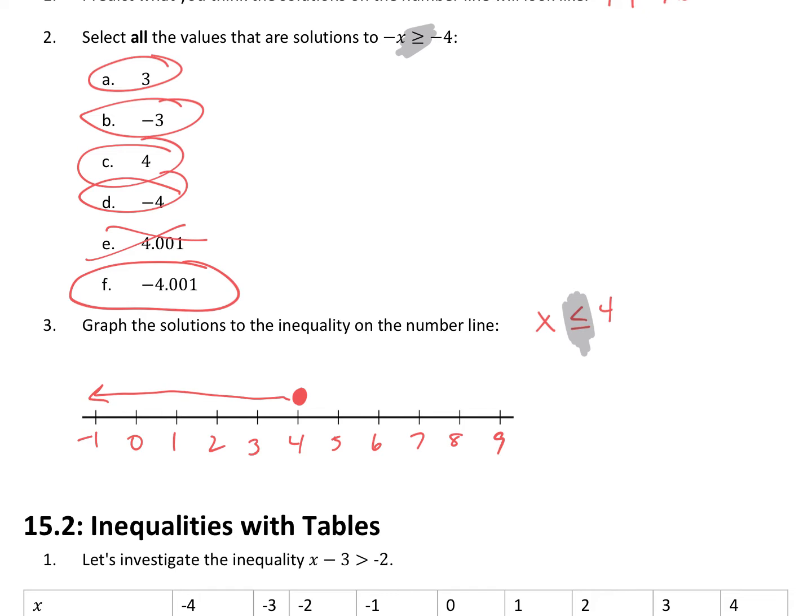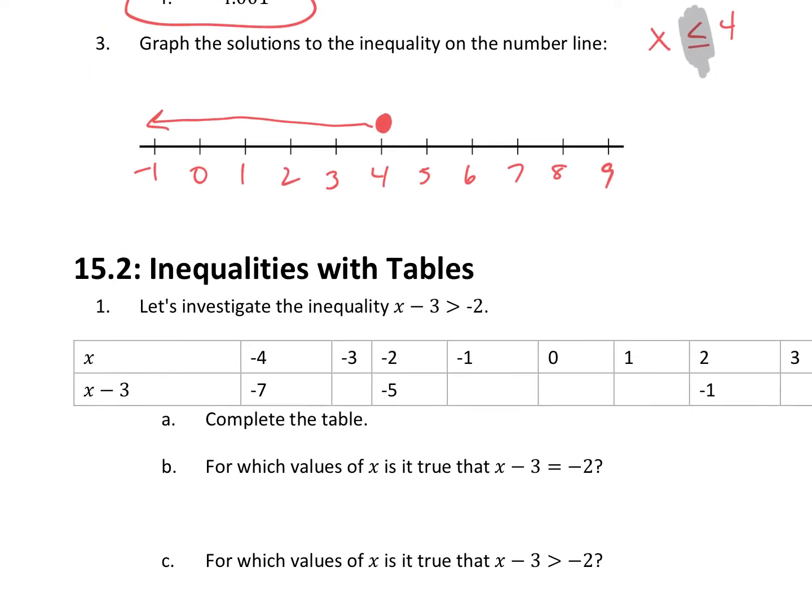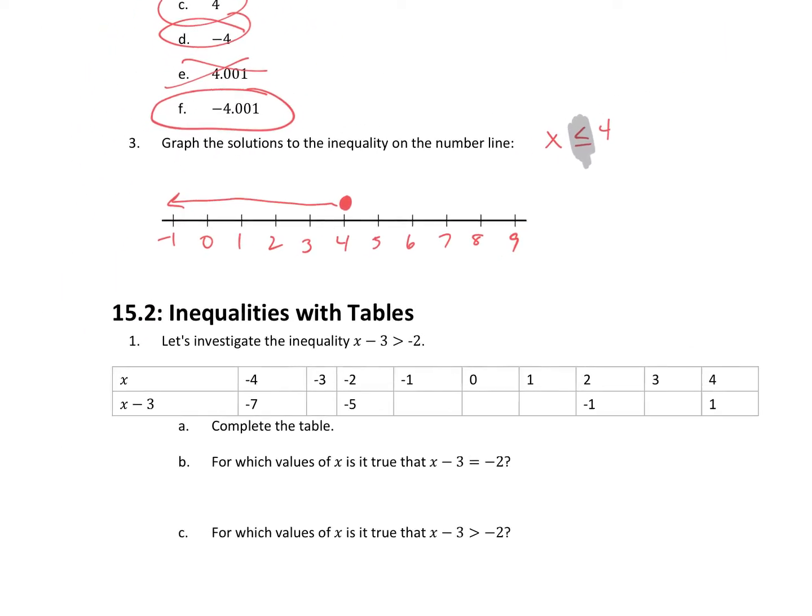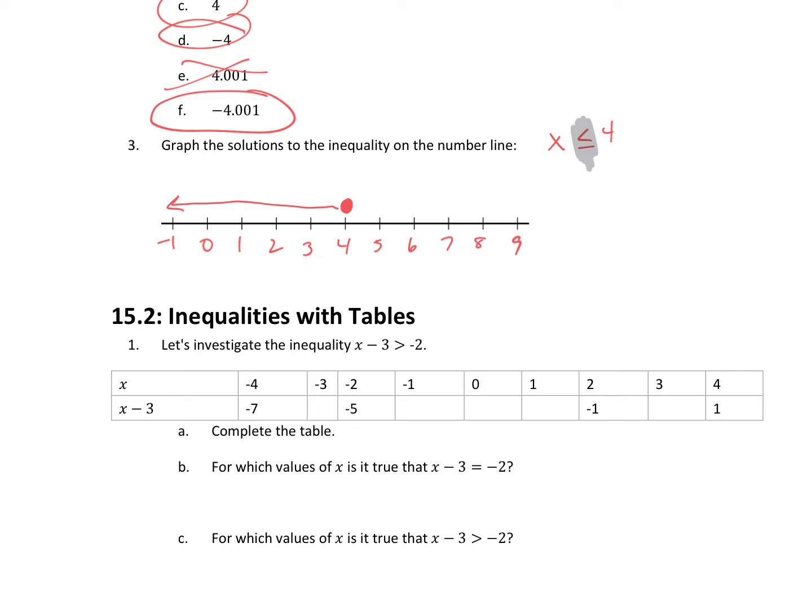All right, let's take a look at the second activity. Here we're going to be using tables to help us investigate solutions to inequalities. On top we have the values of x, and on the bottom we have the values of x minus 3. So basically you are plugging numbers in for x and seeing what it equals.